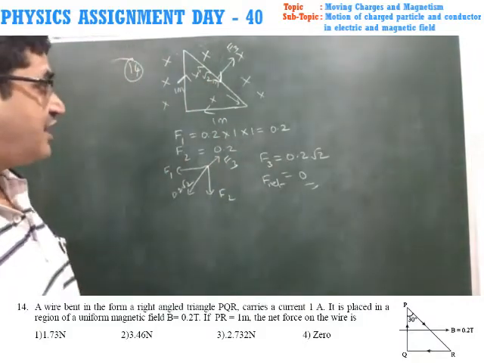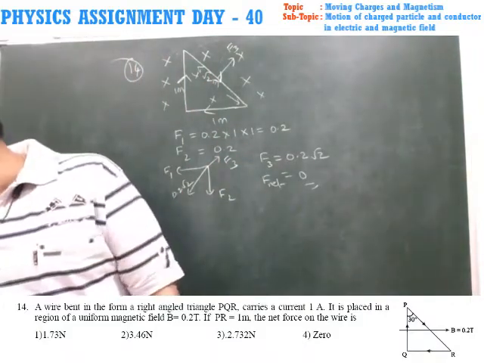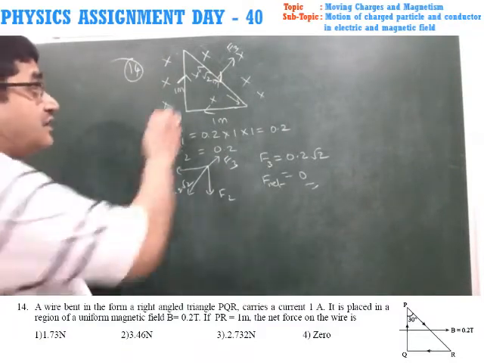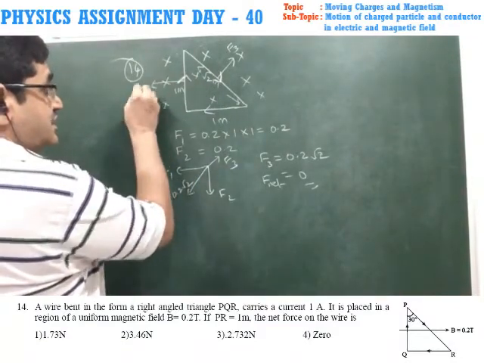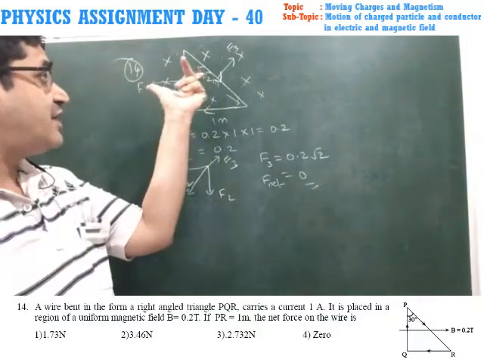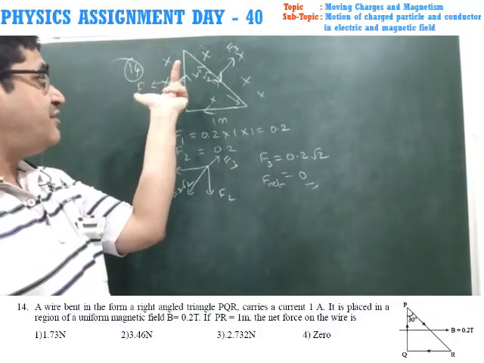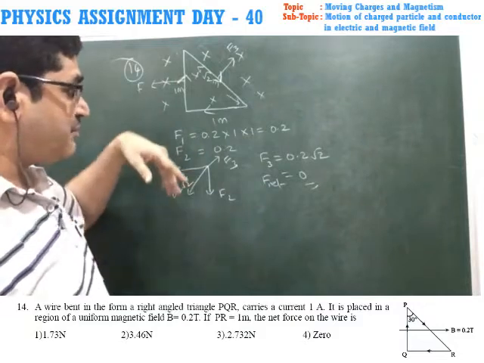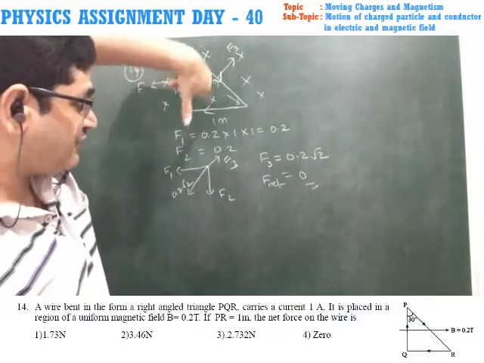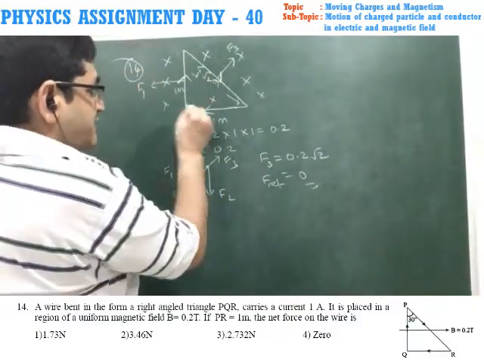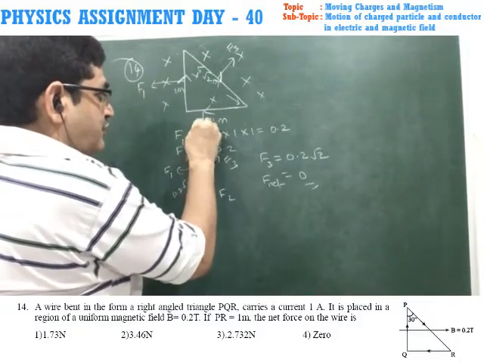And from Fleming left-hand rule, the force on this particular conductor is in this direction, because you can use the Fleming left-hand rule. Here when you apply the Fleming left-hand rule again, the force will be downward. So this is F1, this is F2 downward.